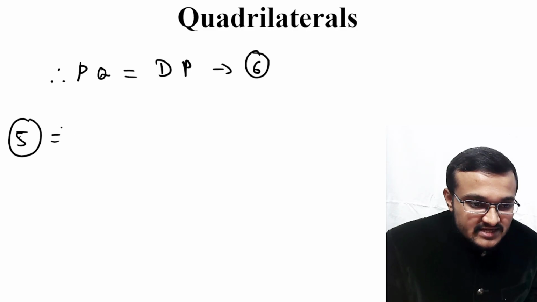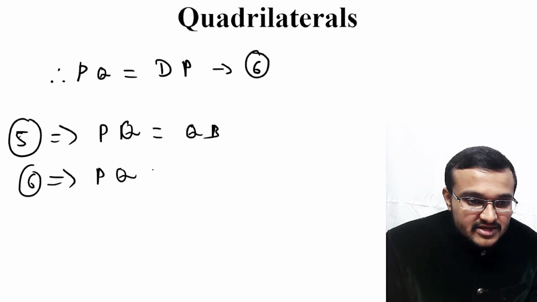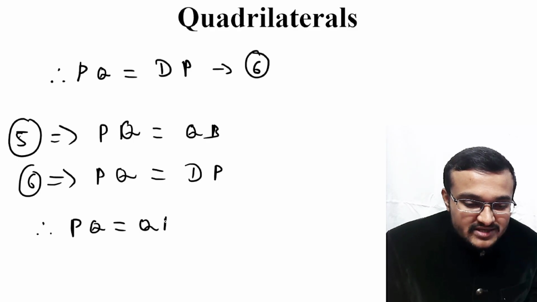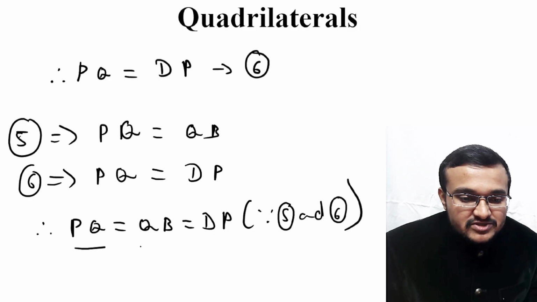If you see equation 5, we have PQ is equal to QB, and from equation 6 we have PQ is equal to DP. So if you compare equations 5 and 6, PQ is equal to QB is equal to DP.